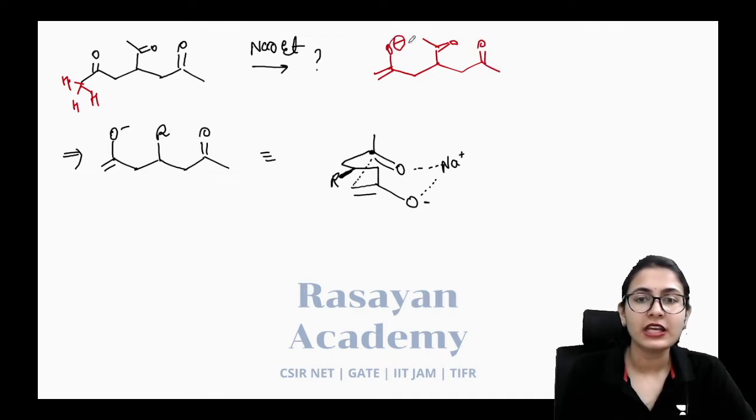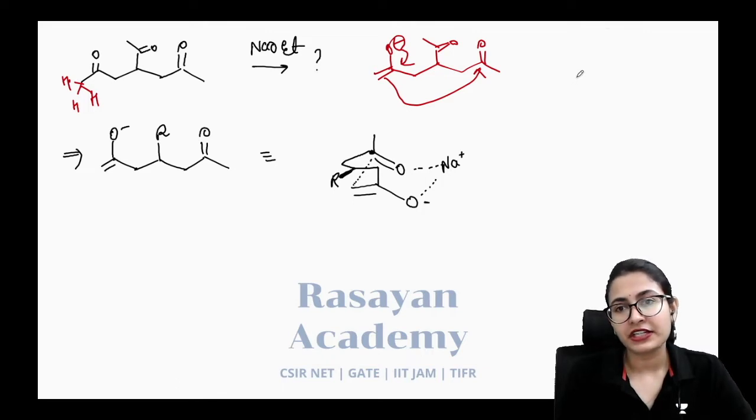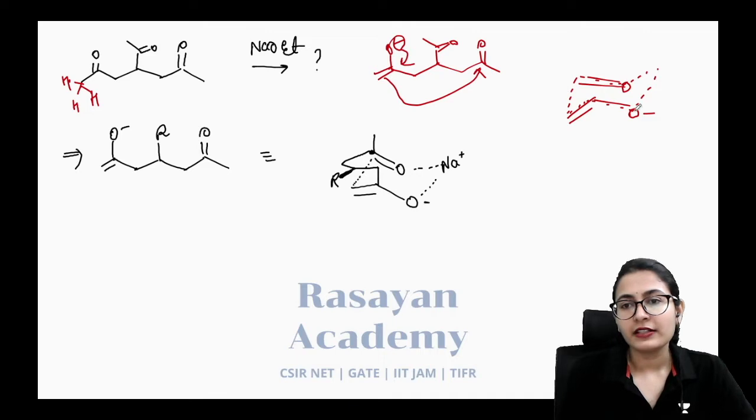This is my enolate. So in order for the reaction to happen, just like we draw the 6 membered Zimmerman-Traxler transition state, that is something like this. I've already drawn it, but see over here what is given. I need the carbonyl to be over here, and I need the enolate, O minus, to be over here in this way, right?